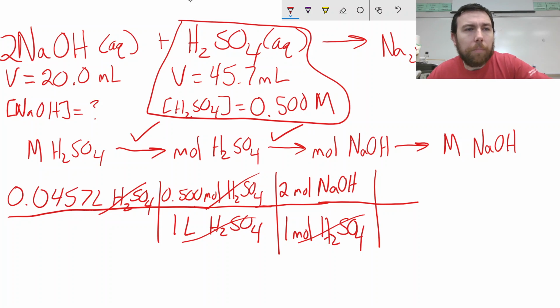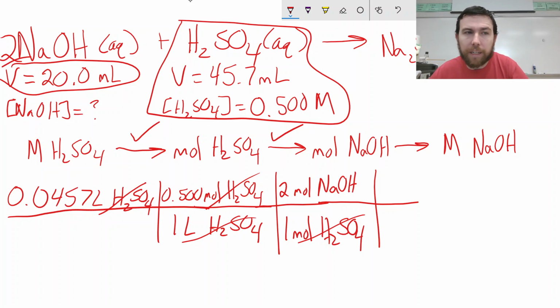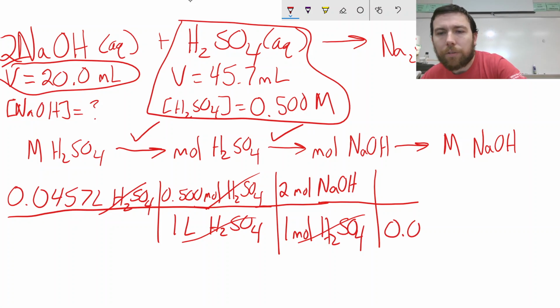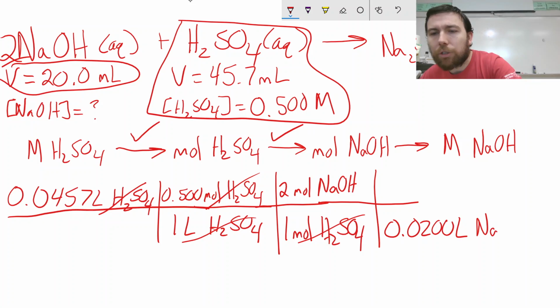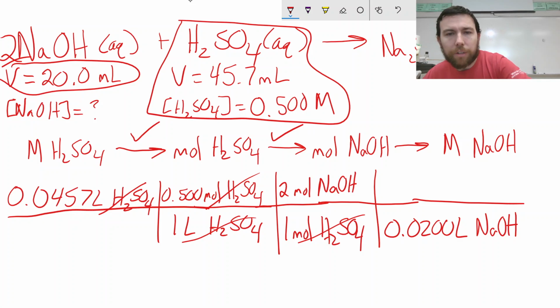All I'm going to do is take the volume of sodium hydroxide they gave me to begin with and divide by it. So in my dimensional analysis, if I place 0.0200 liters of NaOH on the bottom, that's going to leave me with moles of sodium hydroxide over liters of sodium hydroxide, which is what I'm trying to find. And so then I just plug that into my calculator.